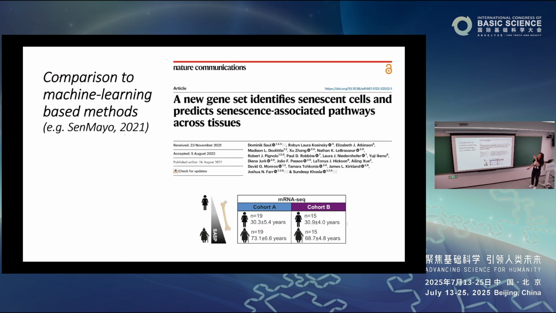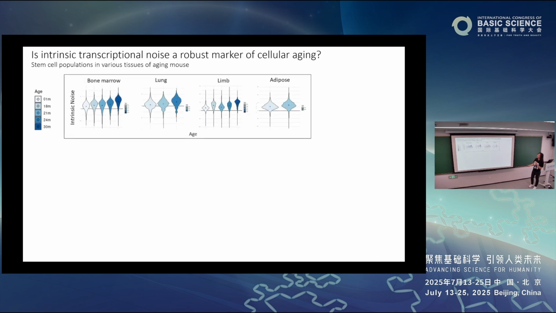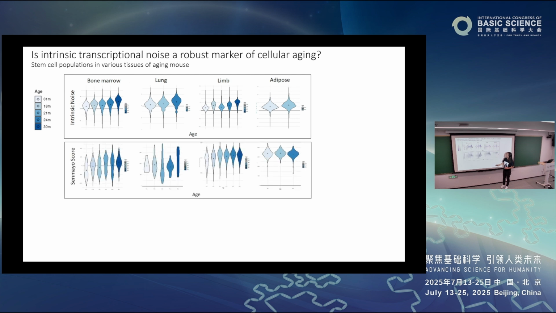Okay, so we compared it to the black box machine learning based methods. I want to go quickly through this because I've been going too slow. So we found that in different tissue niches, the bone marrow, the lung, the limb, the adipose, the stem cells always increase with age, whereas if you use, for example, the Mayo score, which is one of the best machine learning based methods right now, it has a less obvious trend.